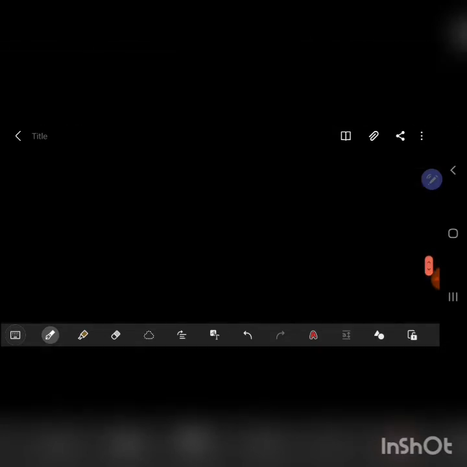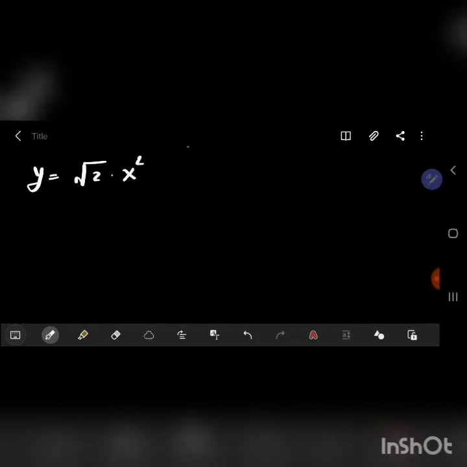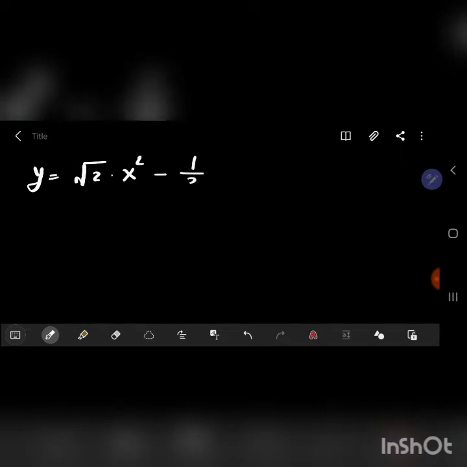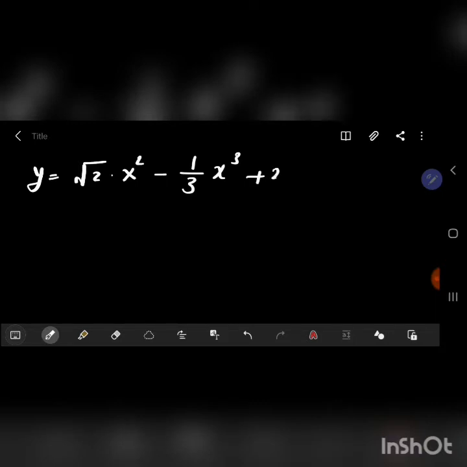Another example I will take. Y equal to 2 square root of x squared minus 1 over 3 x to the power 3 plus 2. How can I take the derivative of it?